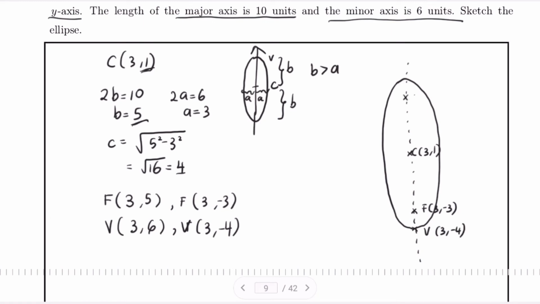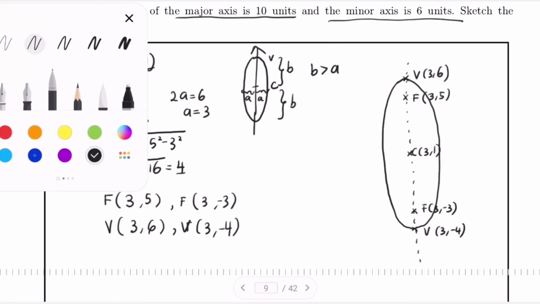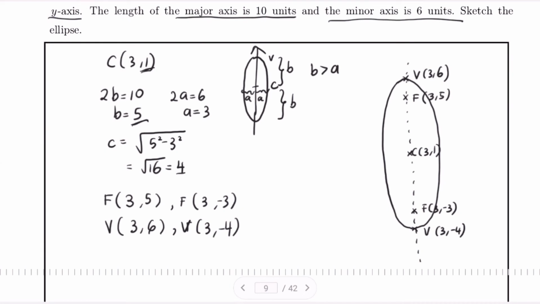At the top, our foci is 3, 5 and the vertex is 3, 6. Do not forget your axis. Notice that our A is 3, so our minor vertex over here will be 0, 1.